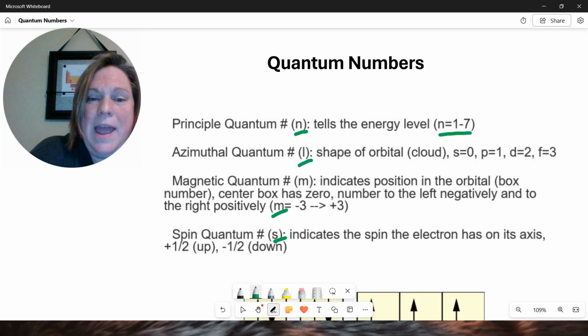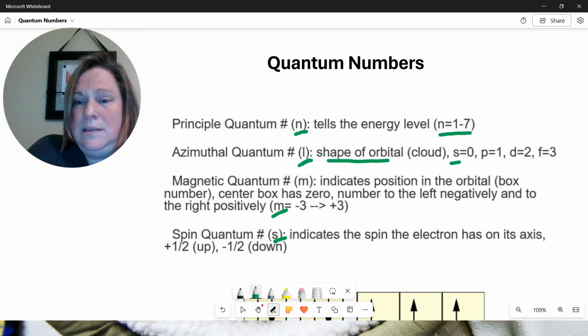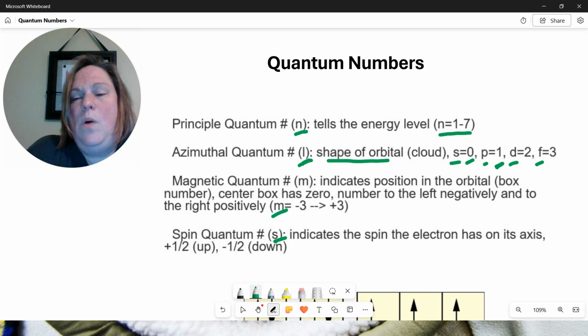Azimuthal, that's a mouthful, L represents the shape of the cloud. And so right now we have enough electrons in the atoms to have 4 clouds. S, P, D, and F are the 4 clouds, and we give them numbers. So S is represented by 0, P is represented by 1, sorry about that.